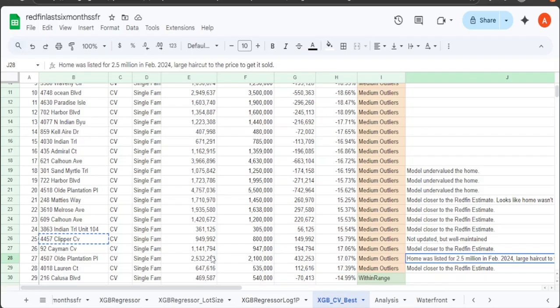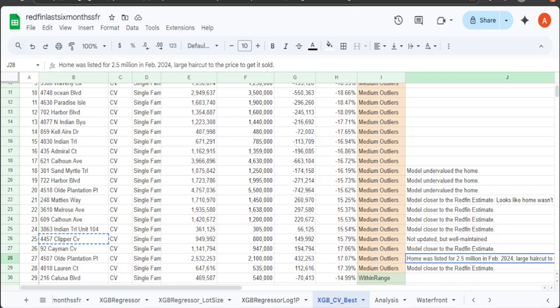If that's the best we can do, I'll be okay with that if we get close to the Redfin estimate, because the Redfin estimate is their model's predictions, and I'm doing my model's prediction with XGBoost regressor and cross validation. So anytime I can get it close to their estimate, I'll be happy with that.